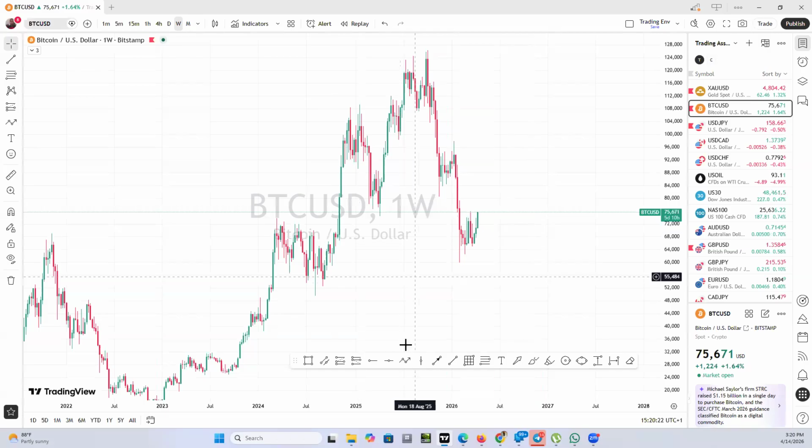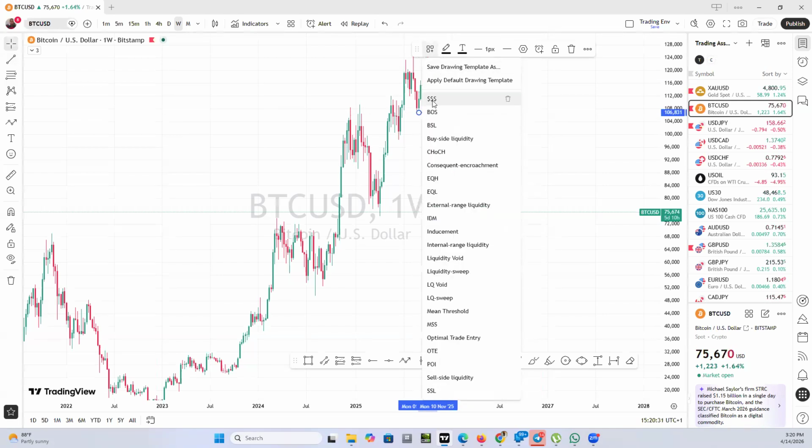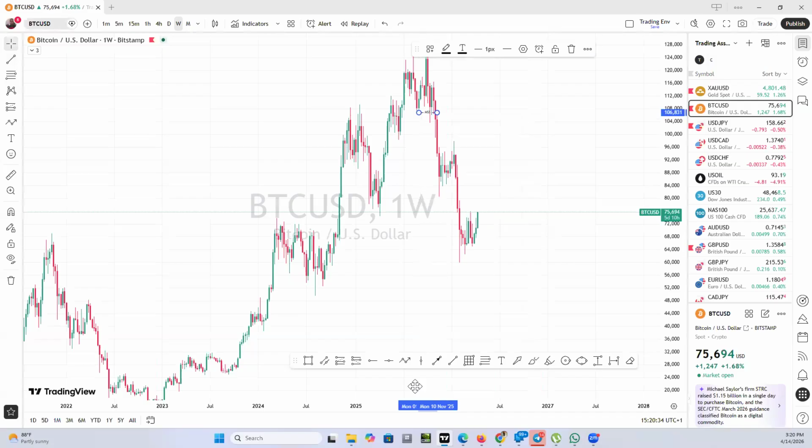Because as you can see here, we have maybe a change of character somewhere around here on BTC, a market structure shift. And then we have this break of structure to the downside.